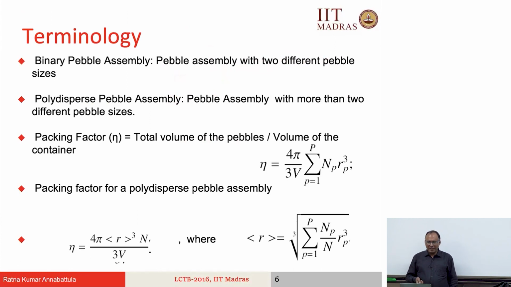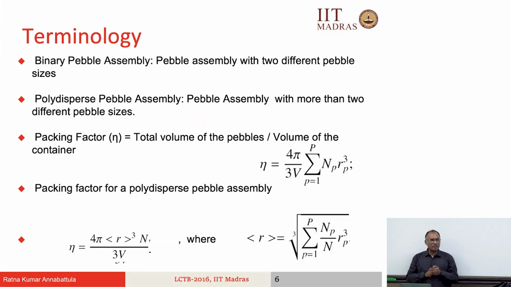Now I define an important macroscopic characterizing parameter for a granular assembly called packing factor. What is the packing factor? That is the total volume of the pebbles divided by the volume of the container. When you take a container and put some particles in it, will it occupy the entire volume?